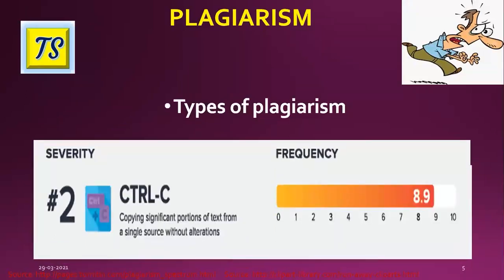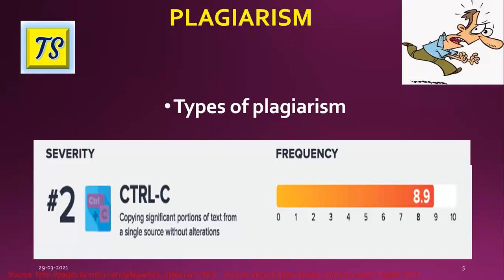The second type of plagiarism is referred to as Control C type. You are familiar with the Control C and Control V actions. Copying a particular portion and pasting it in your research work. This type of plagiarism is categorized under Control C type.